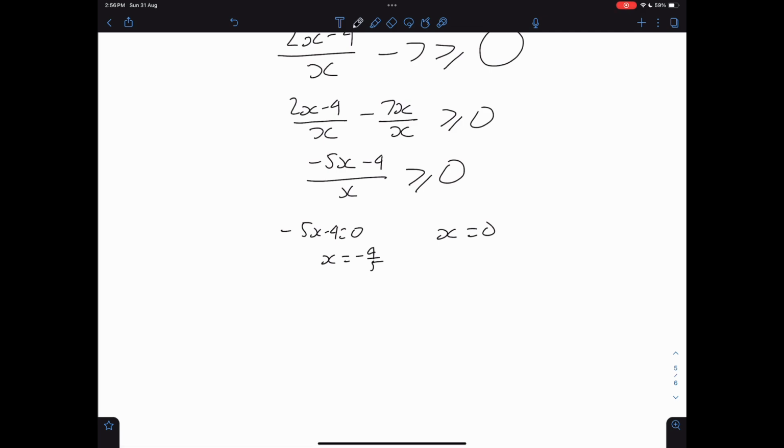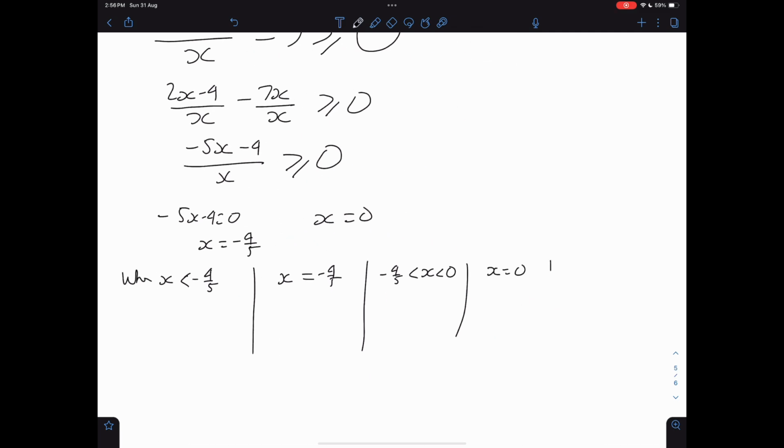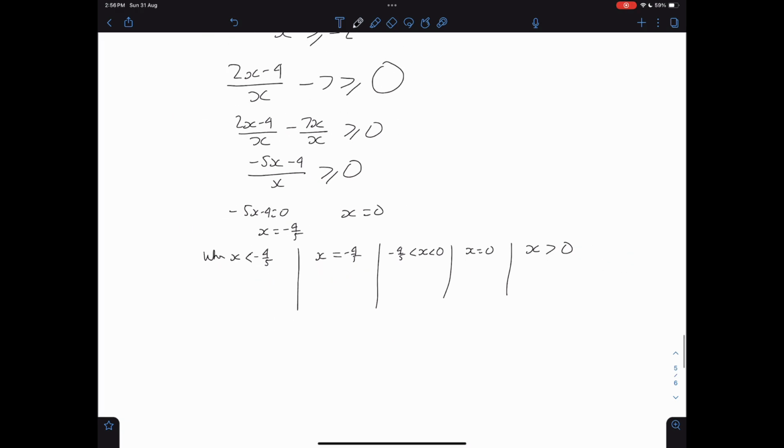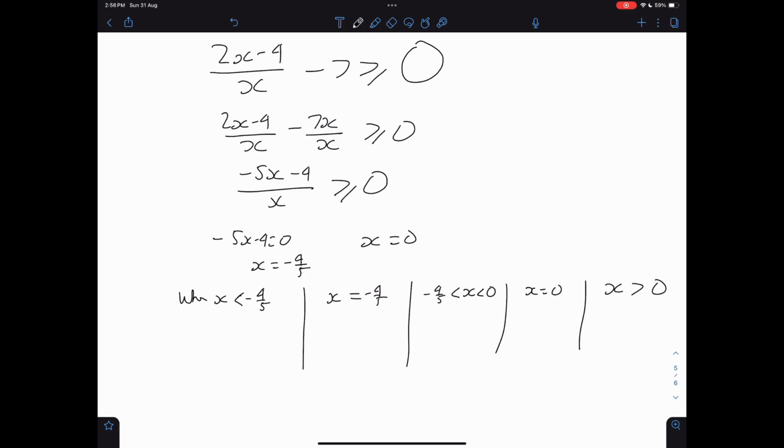We need to see when x is less than negative 4 over 5, x equals negative 4 over 5, between that and 0, and when x is greater than 0. And all we need to think about is whether it's positive or negative, because it's in relation to 0.